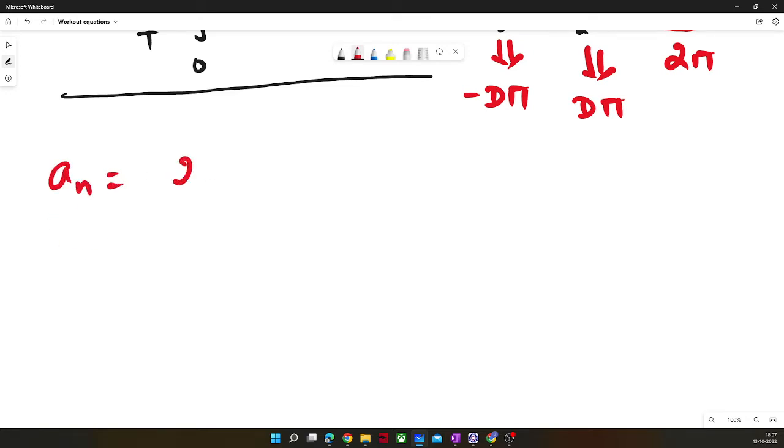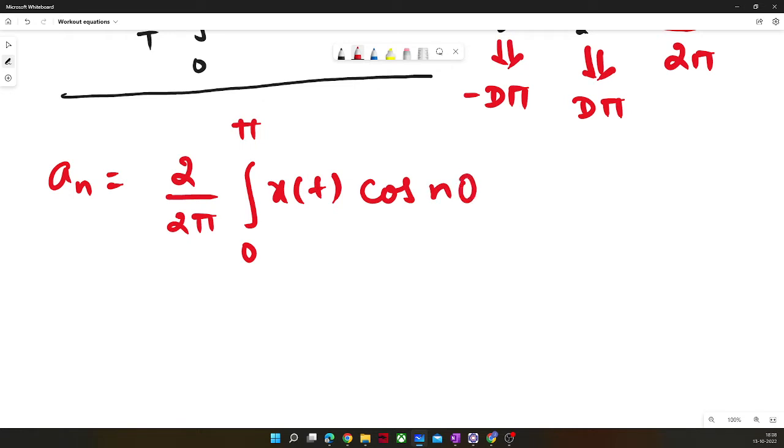So An would be 2 by T by 2, or you can say 2 by 2 pi, integral from 0 to pi, x(t), or this waveform, cos n theta d theta. I'm replacing omega t with theta, right? Okay.